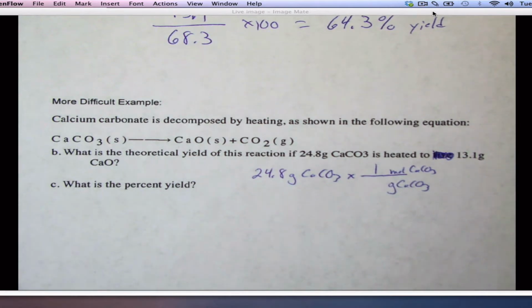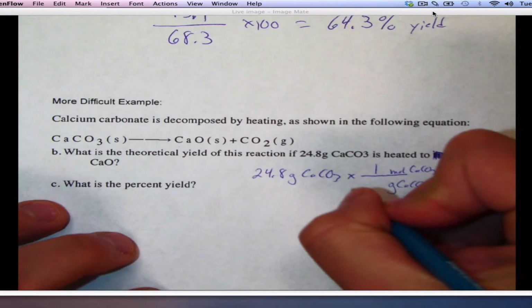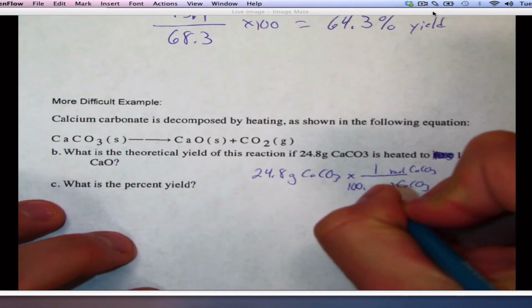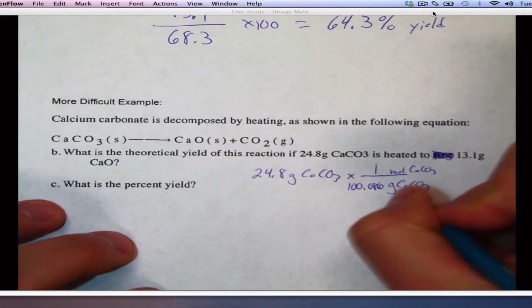Calcium weighs 40.078. Then we add carbon, plus 12.011. Then we add 3 oxygens, so plus 15.999 plus 15.999 plus 15.999. And we should get about 100.086. At least that's what I got.